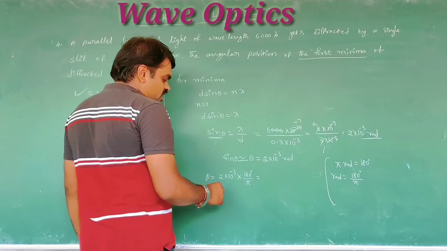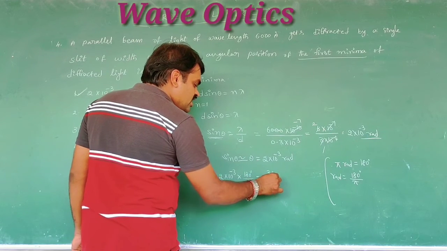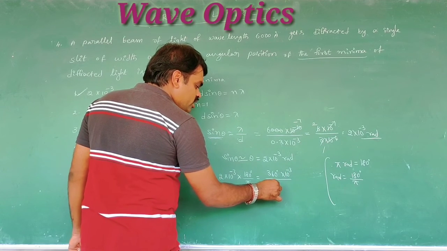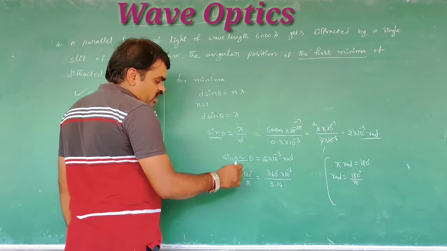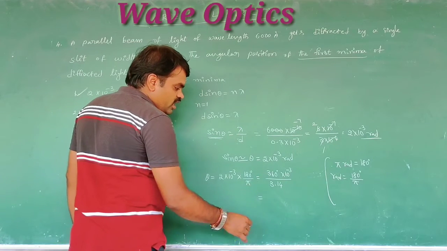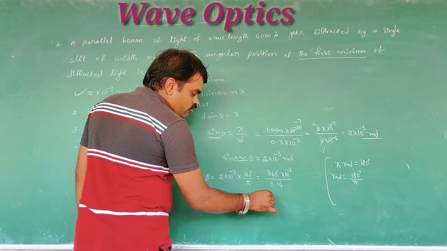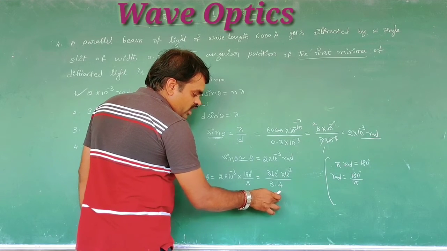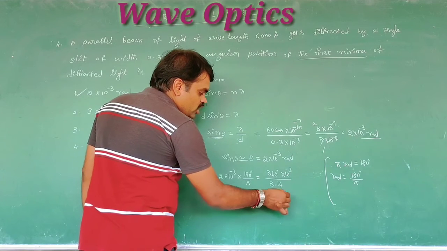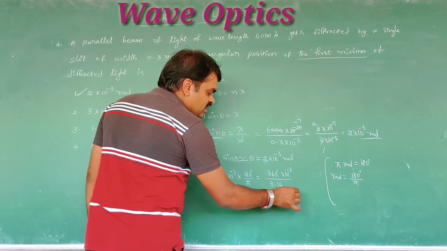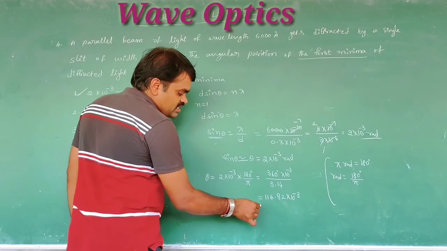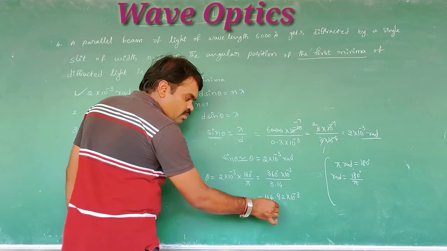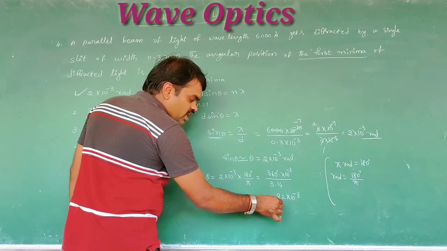Here that is 360 degree into 10 to the power of minus 3 by 3.14. Now it is getting cancelled. What we get is 114.92 into 10 to the power of minus 3. Then it can be written as 0.11 as a round off number, that is 0.115 degree.